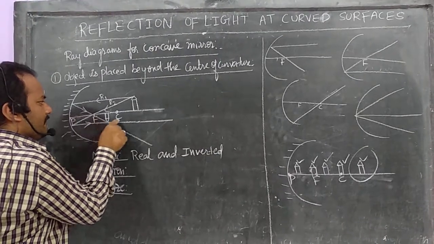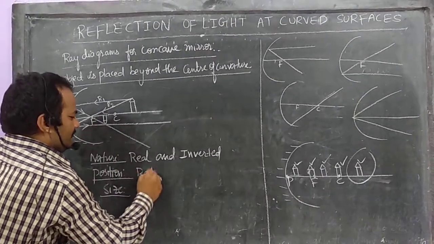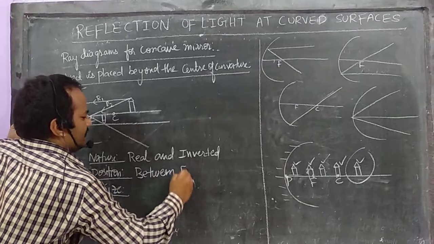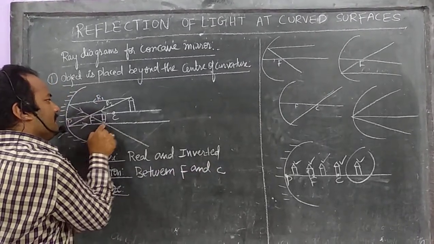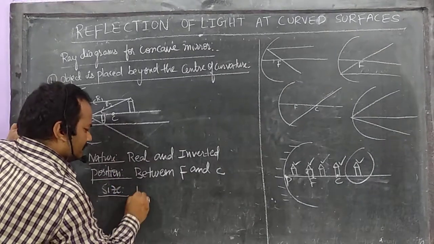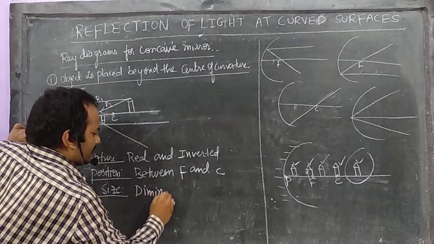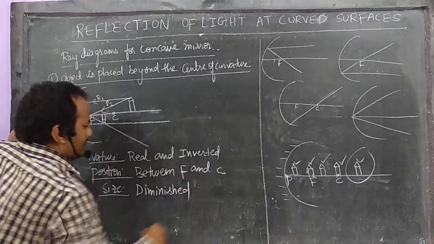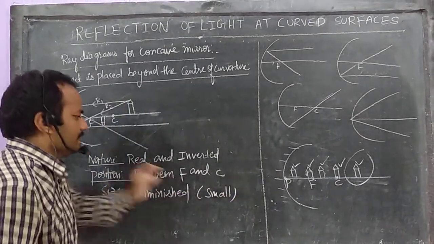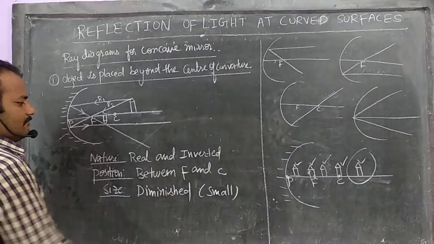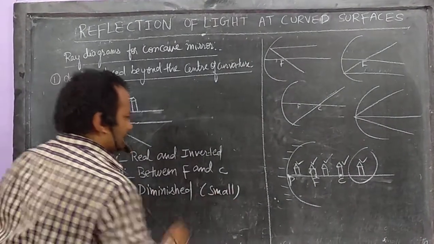Between F and C. Between focus and center of curvature. What is the size of this image compared to the object? Small. Small means you can write diminished. In physics, the word diminished means small, which I wrote in brackets.